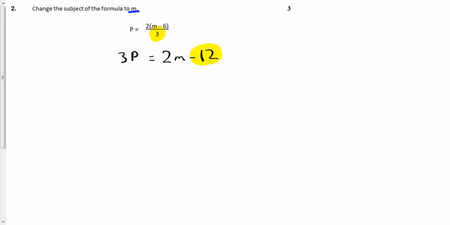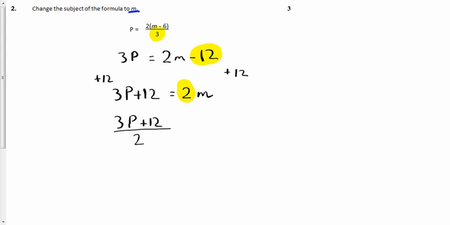You would be left with getting rid of that minus 12 by plusing 12 to each side of the equation. Then looking and going, well, I need to get rid of the 2 to get the m on its own, to make m the subject. And to show I'm dividing all of that by 2, I could write it as one fraction. Again, subject first.